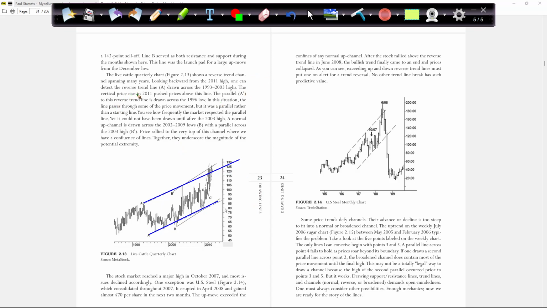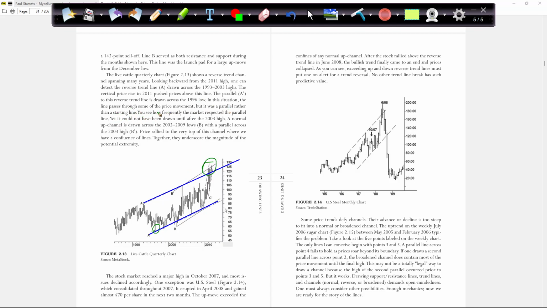The vertical price rise in 2011 pushed prices above this line. The parallel A prime to this reverse trend line is drawn across the 1996 low here. In this situation, the line passes through some of the price movement, but it was a parallel rather than a starting line.